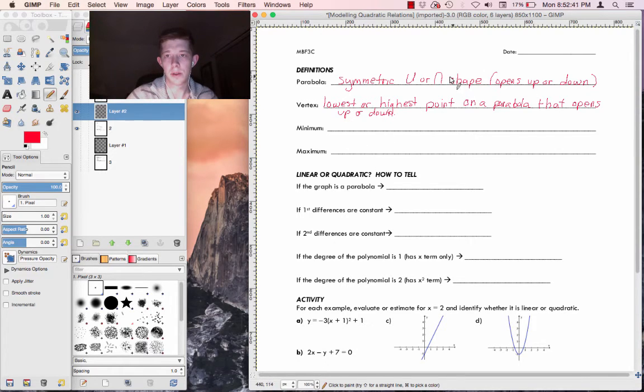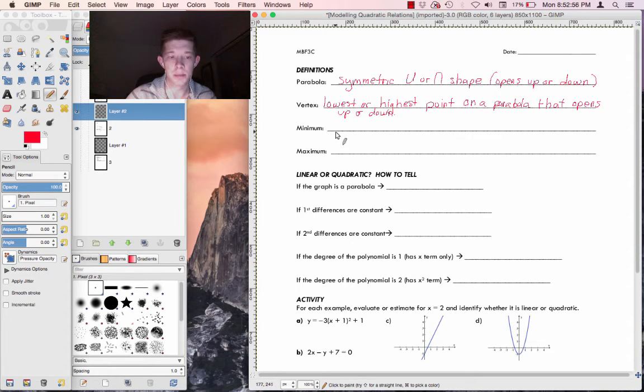On this one here, this point at the lowest part of our U shape would be our vertex, or the highest point on this shape here, which kind of looks like an N, is our vertex.